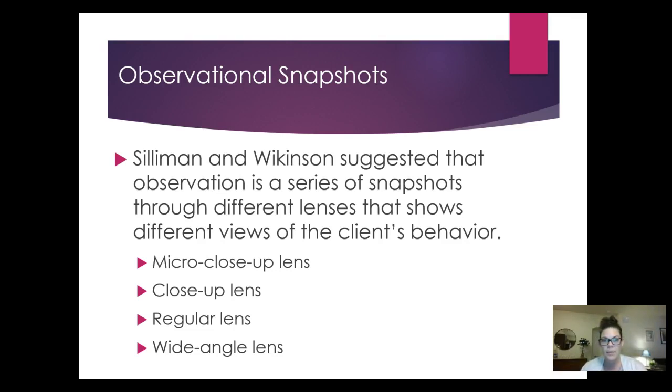So Silliman and Wilkinson suggested that we use a series of snapshots when we observe through different lenses. And the lenses are going to show you different views of the client's behaviors. And this is especially important. When you're observing, I'm sure you have had other observations before this course, but especially after this lecture, when you go to observe, remember these 4 lenses.